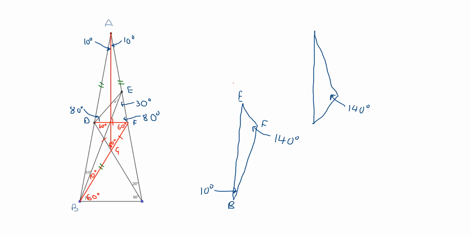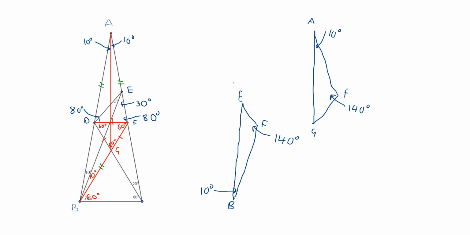So we can now label on, okay, here's my point A, here's my point F, and here is my point G, where we know this is 10 degrees.